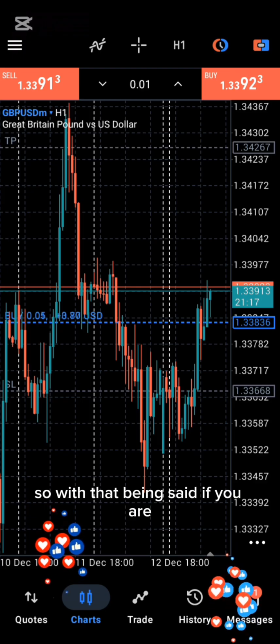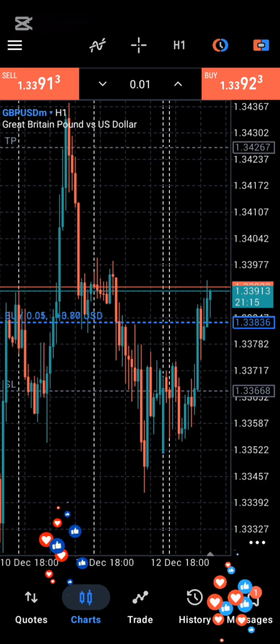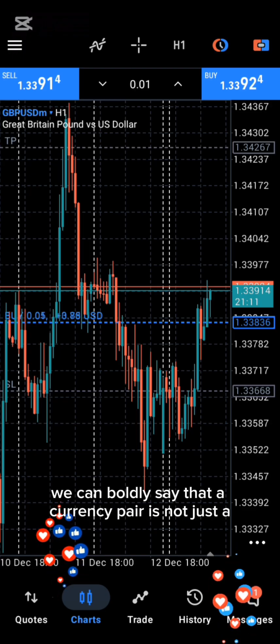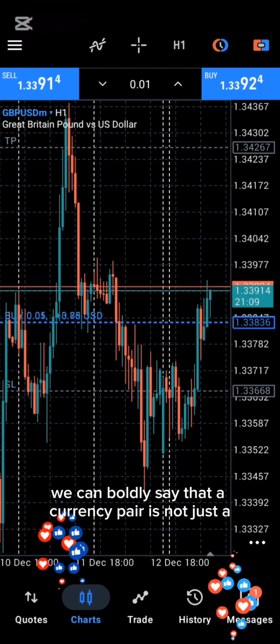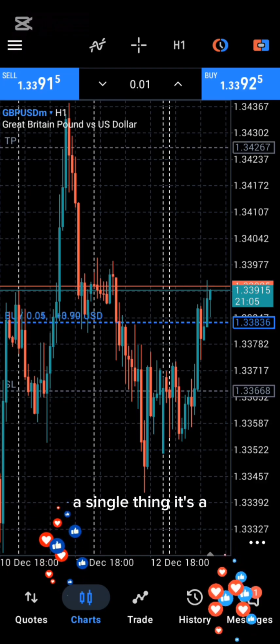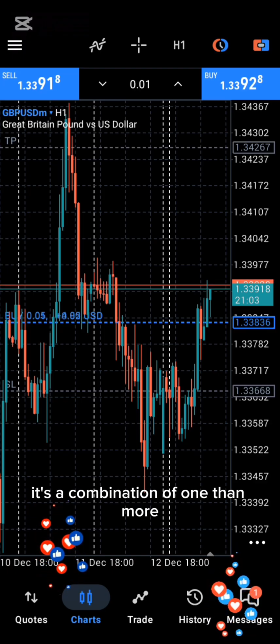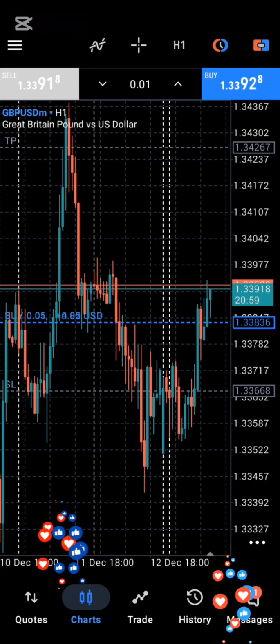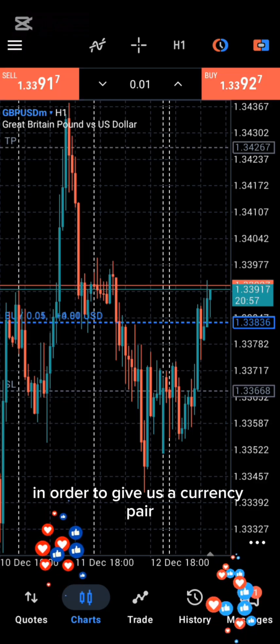So with that being said, we can boldly say that a currency pair is not just a single thing. It's a combination of more than one currency in order to give us a currency pair.